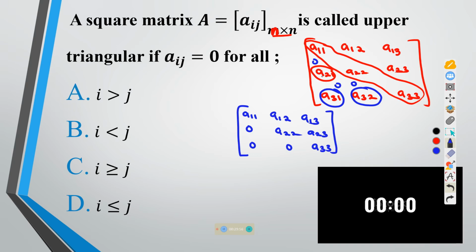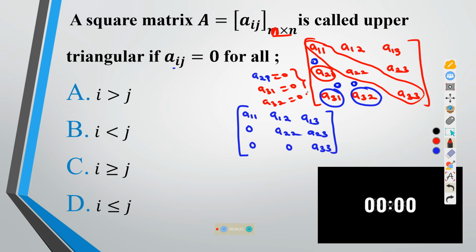So where do we have the entries equal to 0? This is at this given point, at this given point and at this given point. Here a21 is equal to 0, a31 is equal to 0, and a32 is equal to 0.